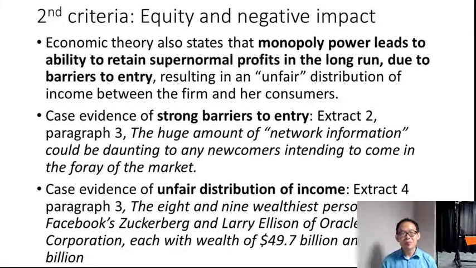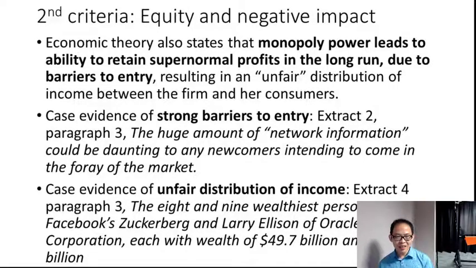We are done with the efficiency criteria. Let's look at the second criteria: equity and negative impact. Economic theory states that monopoly power leads to the ability to retain supernormal profits in the long run due to the barriers to entry. Now, this may result in an unfair distribution of income between the firms and the consumers.